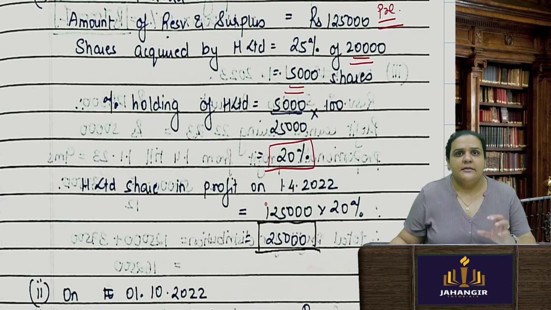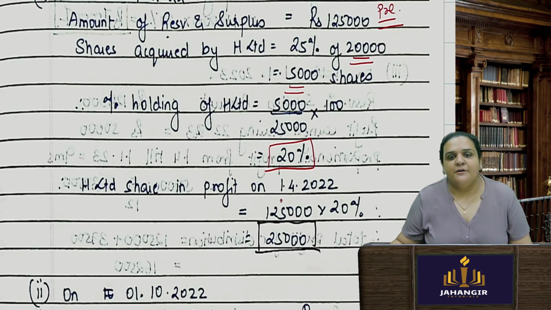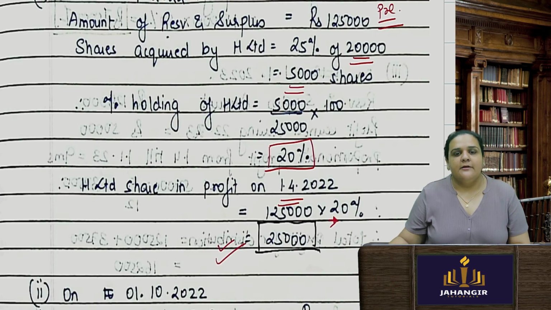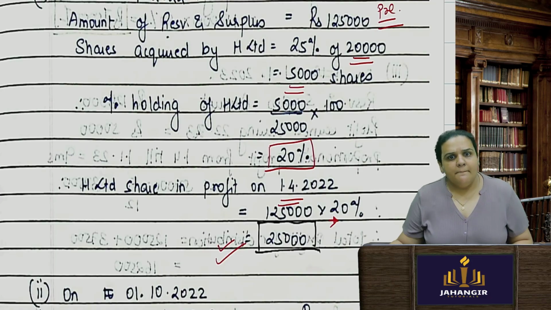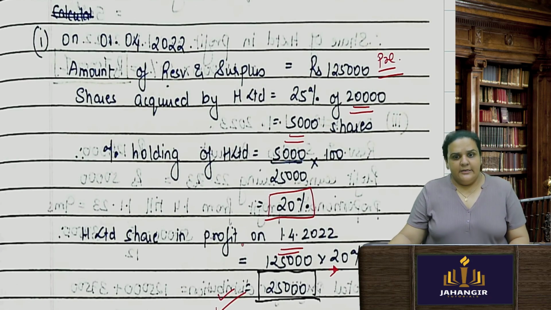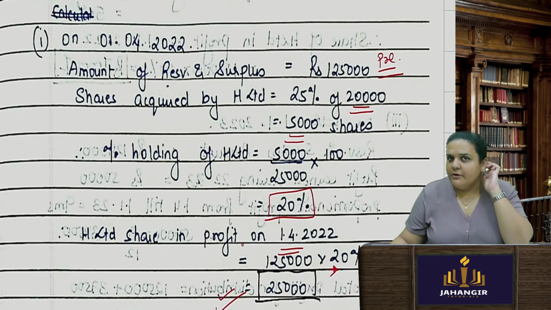So even in the reserves, you will get 20%. So H Limited share in the profit as on 1st of April 22 will be 1,25,000 into 20%, rupees 25,000. Simple. The percentage of holding you have on that day, that much of share you will get from your pre-reserve.